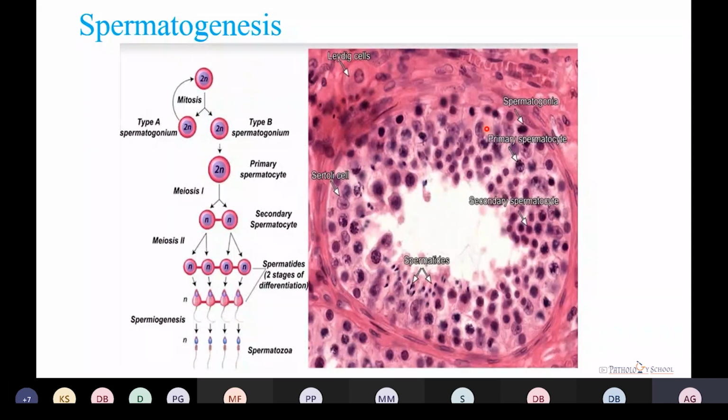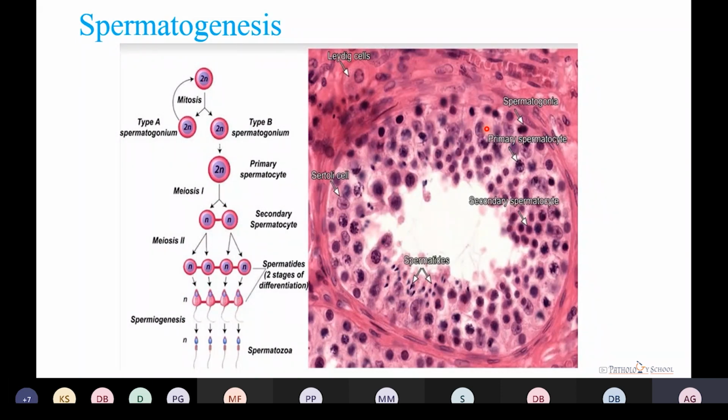Before going to the normal testicular biopsy, let's talk about spermatogenesis. Spermatogenesis is the process of formation of male gamete. It usually takes 72 days. There are 3 phases: mitosis, meiosis, and spermiogenesis. In mitosis, the diploid spermatogonium undergoes mitotic division to form the primary spermatocyte.